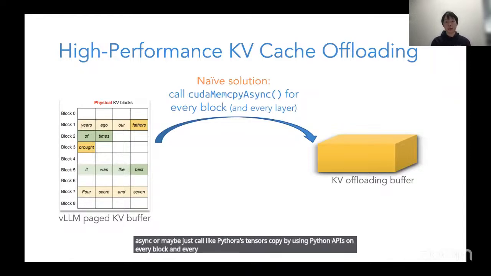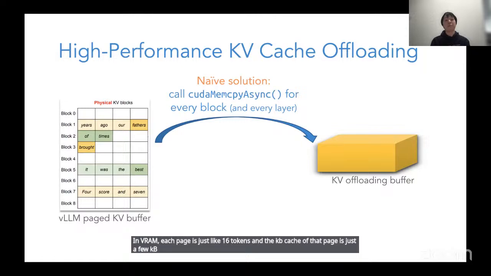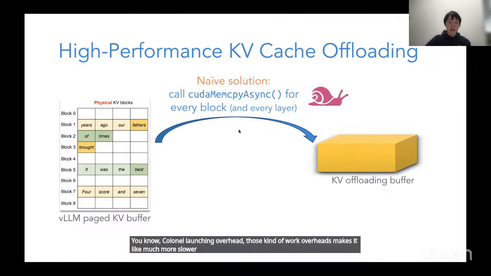But this is a little bit slow because in vLLM, each page is just 16 tokens, and the KV cache of that page is just a few KB. If you call memory copy on such a small object, it cannot fully utilize the PCIe bandwidth. It also has kernel launching overhead. Those overheads make it much slower.